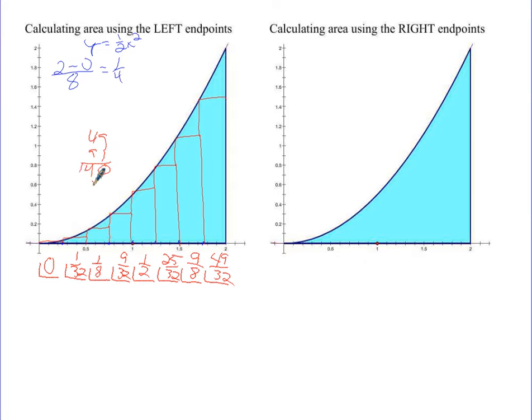But we're going to reduce that. 35/8 times 1/4, which is 35 32nds. There's your answer.